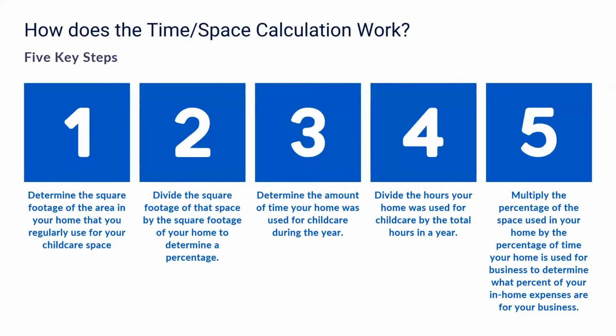Using the 5 easy steps that you see here, you can easily determine how many of your expenses can be reimbursed with the Child Care Relief Fund or what expenses can be deducted on your federal income taxes. And we're going to walk through each of these key steps one by one in detail.